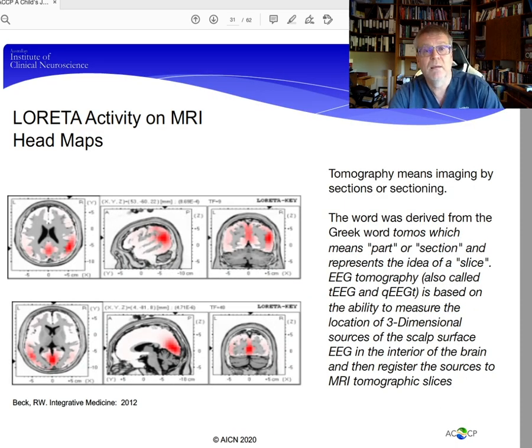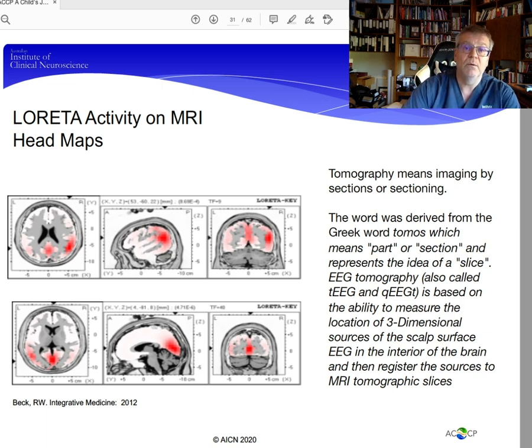So LORETA helps us, and it helps us a lot, because what LORETA can do is tell us where in the brain the worst areas of dysfunctional activity are happening. And so we can look at the LORETA in a two-dimensional format.